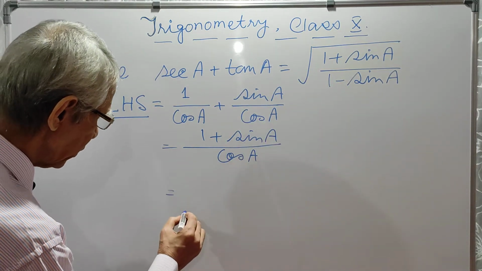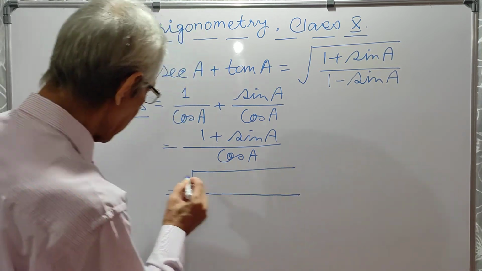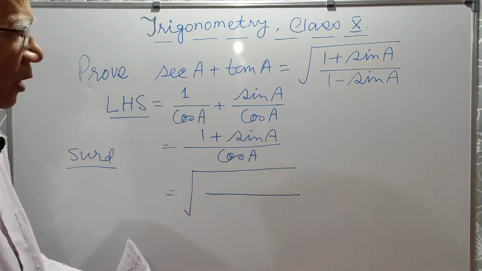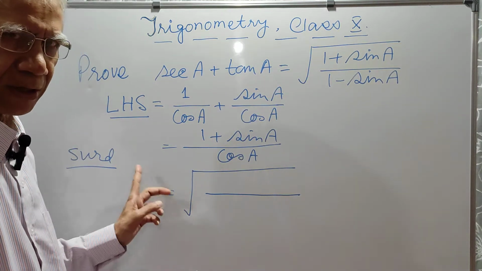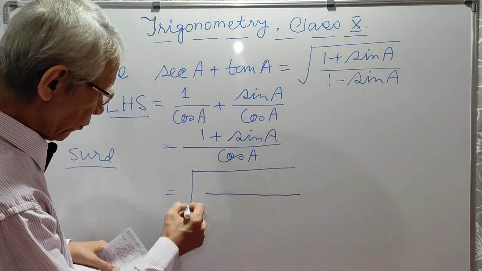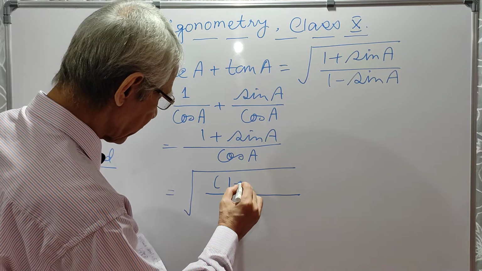So what we do, we bring this third sign. So this sign is called third sign, surd. All right. So we bring this sign, root sign or third sign. Now this thing, if we use square root, so it will be 1 plus sin A whole square.